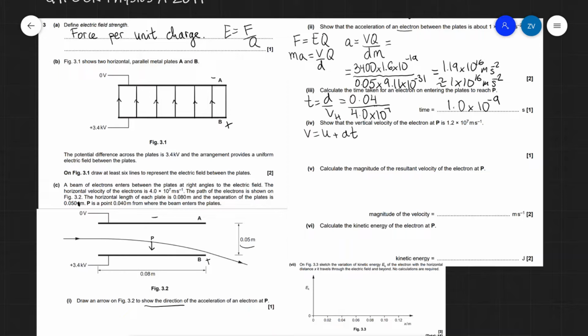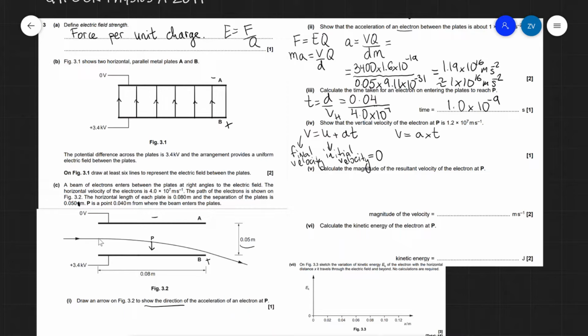Once again, v over here is our final velocity, u is our initial velocity, and all of this, by the way, is in the y plane, and a is the acceleration, t is the time. The initial velocity in the y plane is 0. We can see that the electron is just going in purely horizontally. So this equation will then turn into v is equal to a times t.